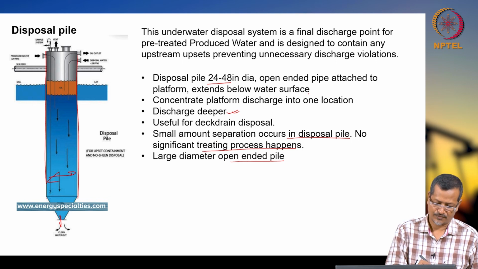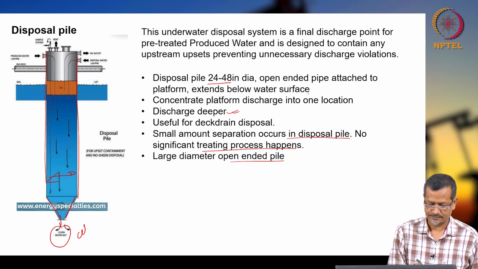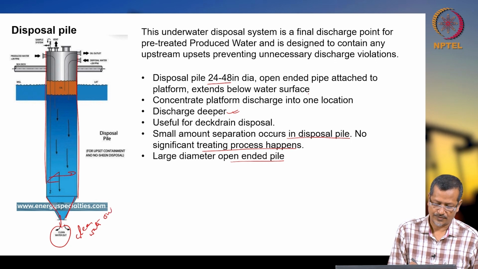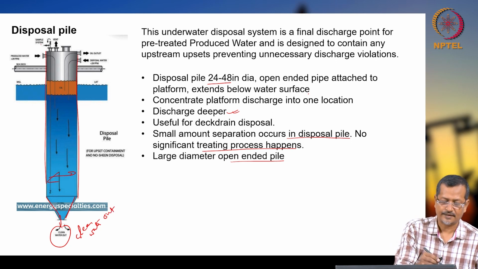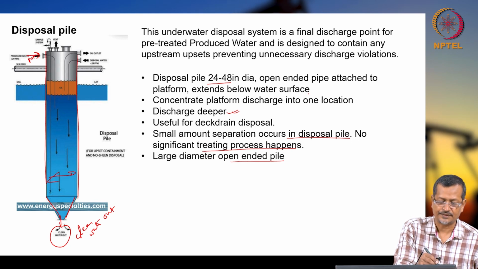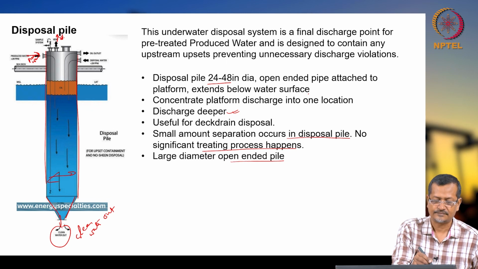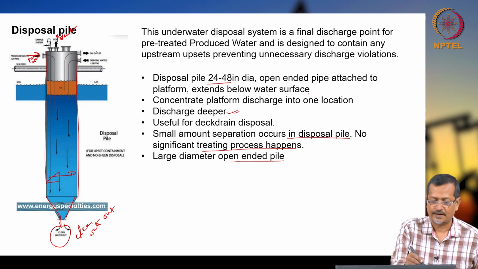So, I have taken one company website, and this is clean water out, clean water out. And here produced water coming in, produced water. And this is the vent and oil outlet.